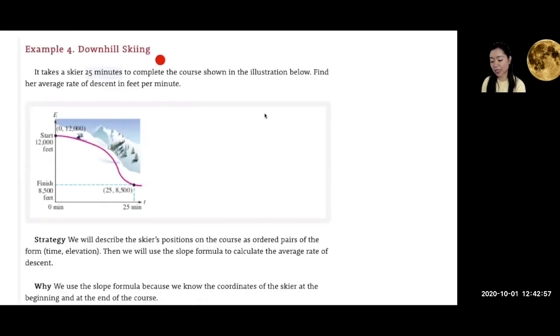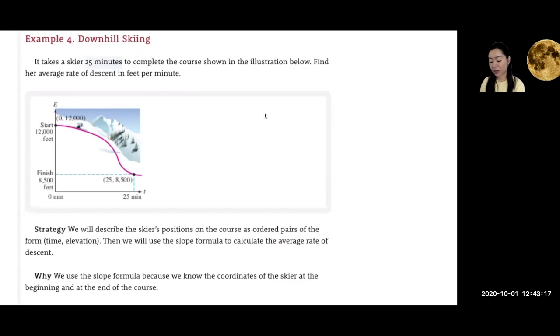Example 4, downhill skiing. It takes the skier 25 minutes to complete the course. Now from here to here, this is the starting point and this is the ending point. We need to find her average rate of descent in feet per minute.